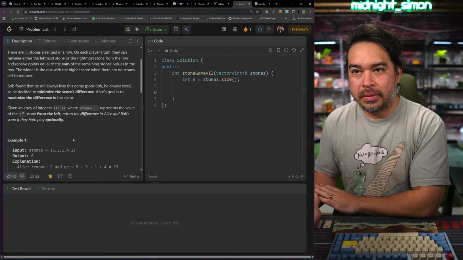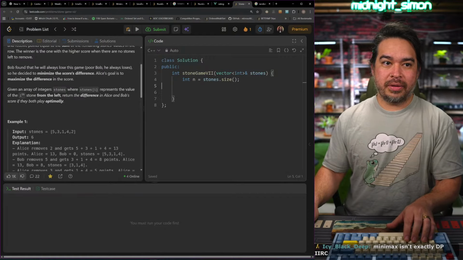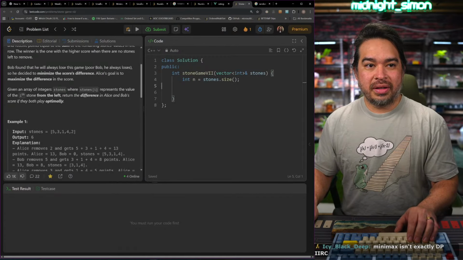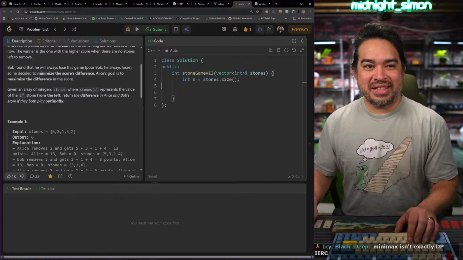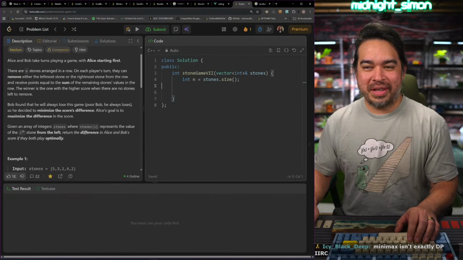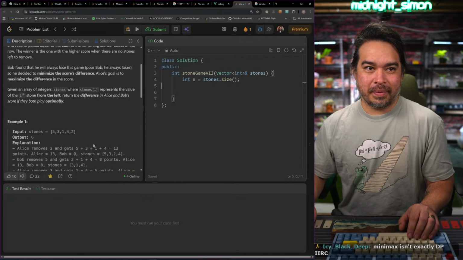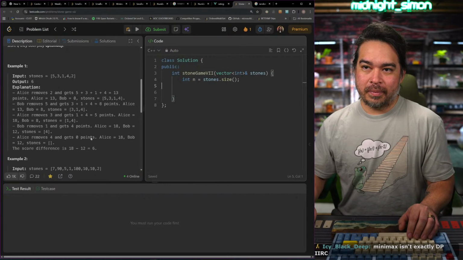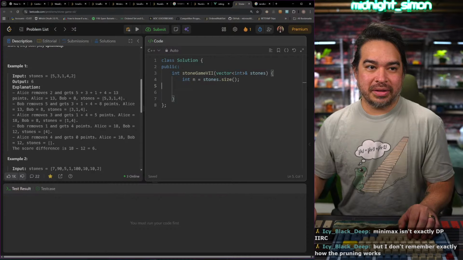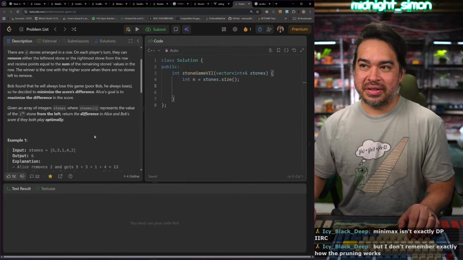Once upon a time, I could solve them. Minimax isn't exactly DP? What do you mean? I don't remember exactly how the pruning works.